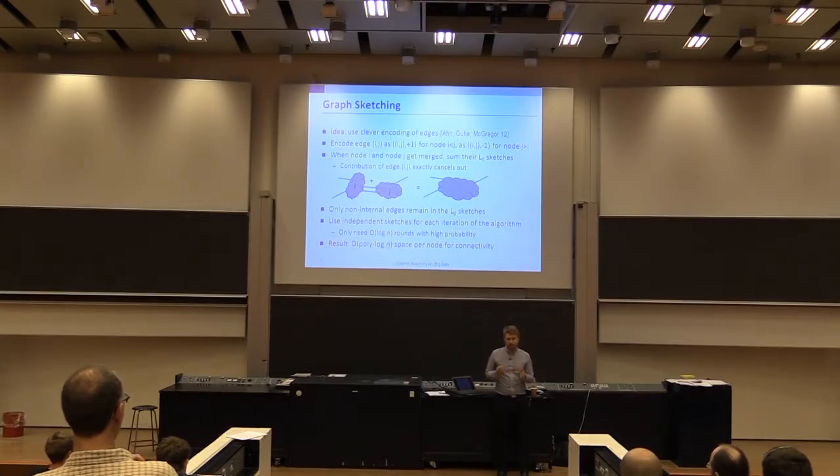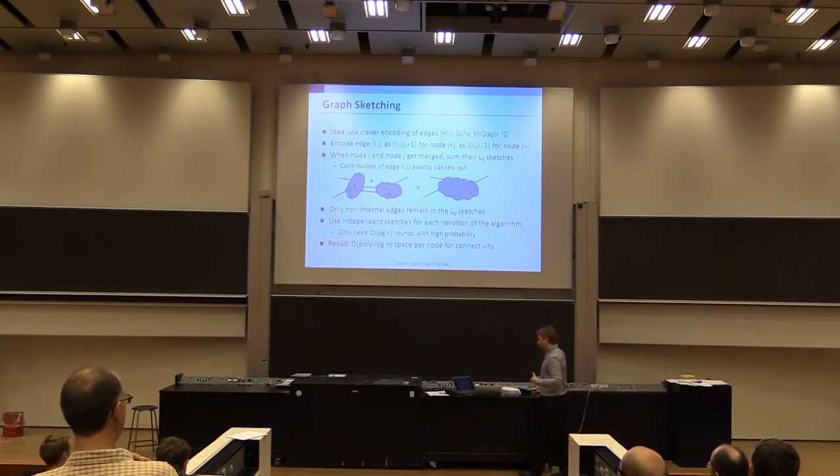The argument says that even if there's one enormous component of size roughly proportional to the number of vertices, it's going to contract in size every round. So we only need a logarithmic number of rounds of repetitions of this edge contraction, and we can essentially use fresh sketches for each round.